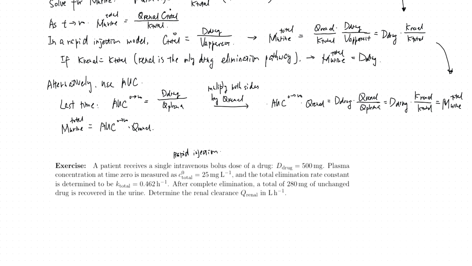The dosage is given. Plasma concentration at time 0 is measured at this value. The total elimination rate constant, K total, is also given. After complete elimination, a total of this amount of unchanged drug is recovered in the urine. It asks you to determine the renal clearance. All right, that's all for this lecture.